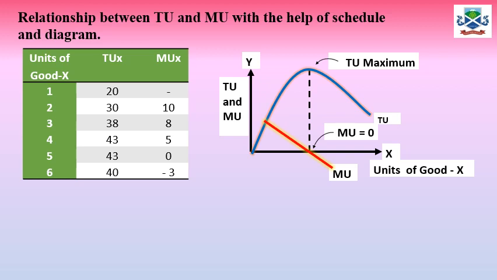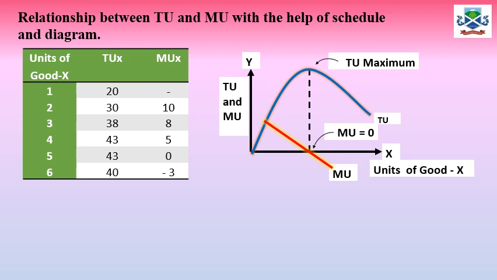When the units of good X are 1, 2, 3, 4, 5, 6, the total utility is 20, 30, 38, 43, 43, 40, and the marginal utility, as you calculated, is 10, 8, 5, 0, minus 3. If you plot it, you will find the total utility curve moves upwards to the saturation point, that is the maximum point, and thereafter it declines.